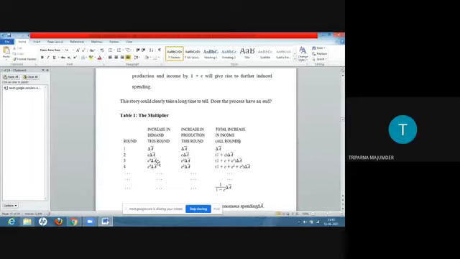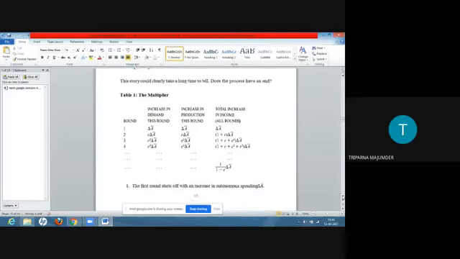Now this C squared delta A bar will lead to the increase in production of the amount C squared delta A bar. Now total increase in income in all the rounds will be delta A bar plus C delta A bar plus C squared delta A bar. So we get this amount of total increase in income. This process will go on.